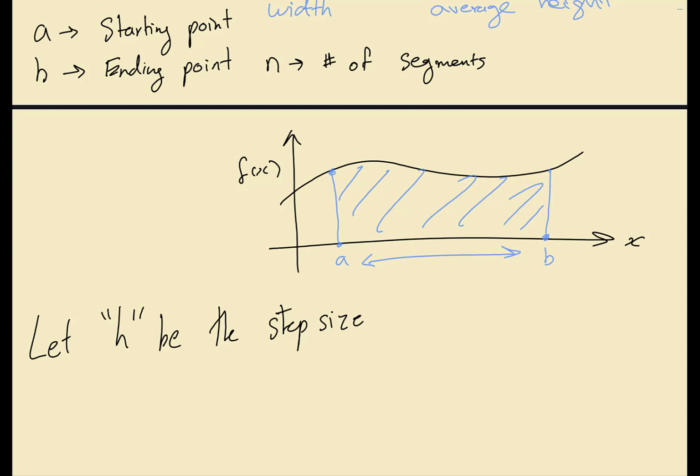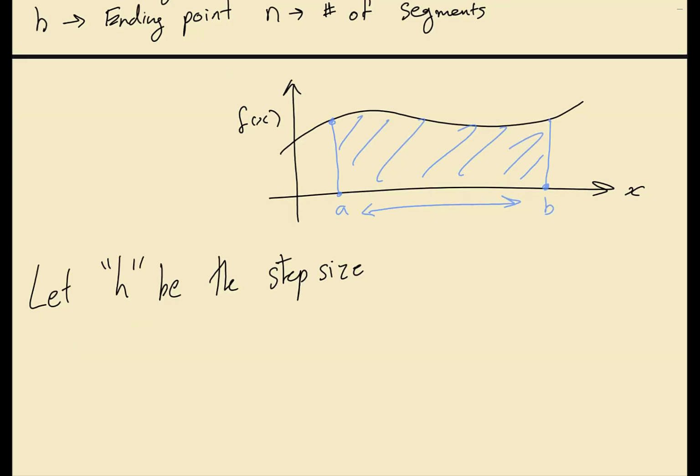If I tell you, solve the problem with 4 segments, then to find the second point, the third point, the fourth point, and so on, you need this step size. Because you'll use a, and then from a, you do plus h. You got the first point. Plus h, second point. It's an easy way of finding the points for each segment. So h is going to equal b minus a divided by the number of segments, n.